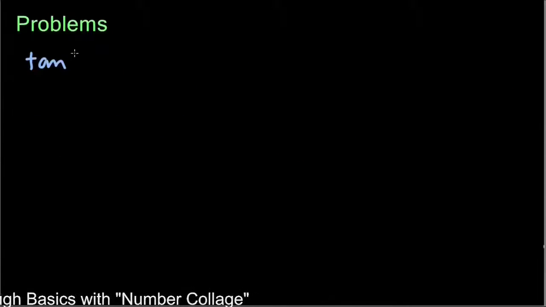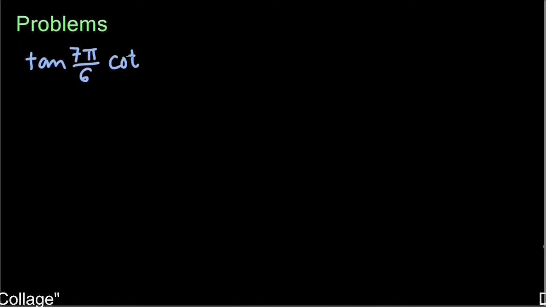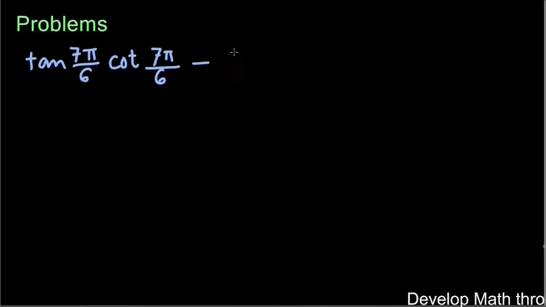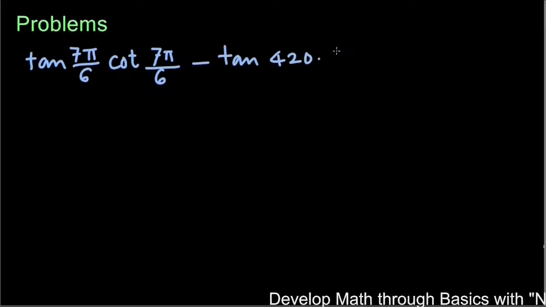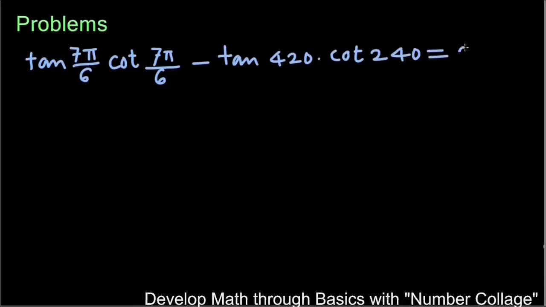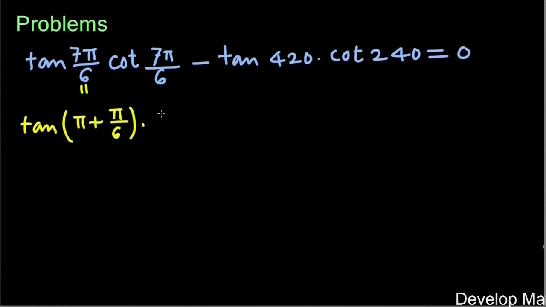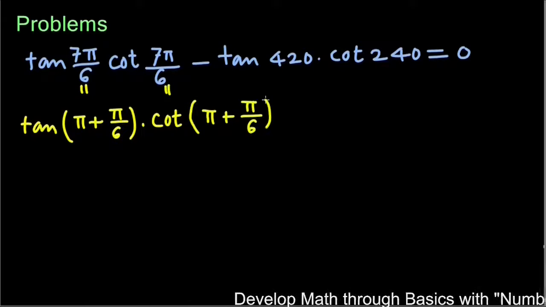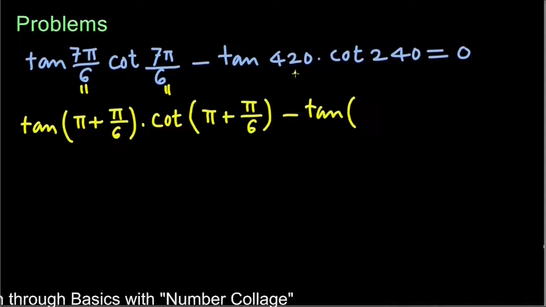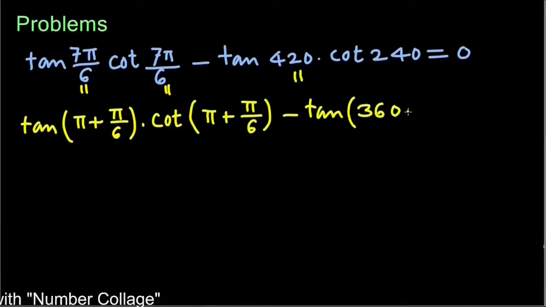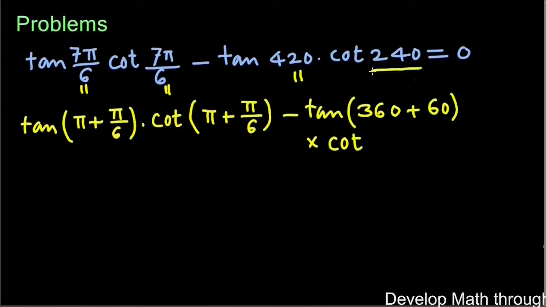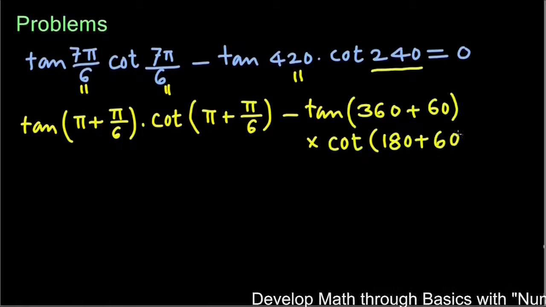Next, we have to prove tan of 7 pi by 6 cot of 7 pi by 6 minus tan 420 cot of 240 equals 0. We write tan of 7 pi by 6 as pi plus pi by 6, into cot of 7 pi by 6 as pi plus pi by 6, minus tan of 420 as 360 plus 60, into cot of 240 as 180 plus 60.